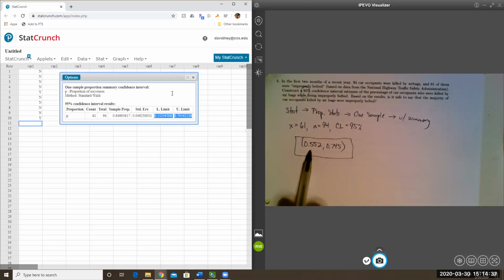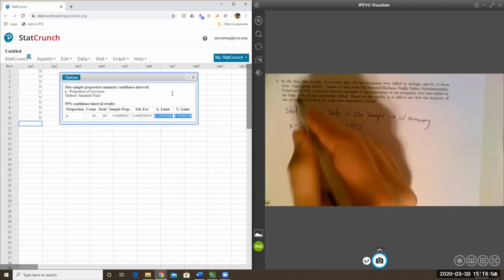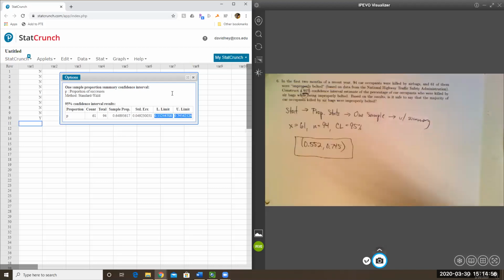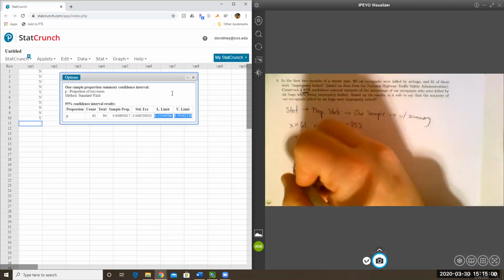So that's a majority right there, right? So at the very least, we've got a majority of people. Okay, so the majority of people who are killed by airbags are improperly belted. Yes, we're 95% certain that that's true, right? Because this was a 95% confidence interval. So I'm going to say yes.